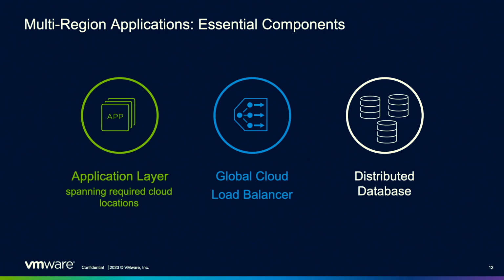And as for the database, certainly you need to store data somewhere, and ideally you need to think about a distributed database, because that's a multi-region application. Some data needs to be available in every location. Some data needs to be available only in one location and not in another. And distributed databases are designed for this type of global application.